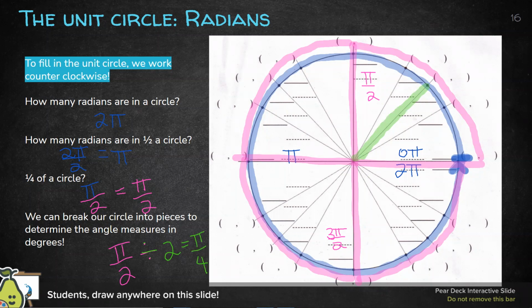Okay, so this radian measure right here for this green one, in between 0 and pi over 2, that arc length is going to be pi over 4. So remember, the radian measure is really just the arc length. So this piece right here is 1 pi over 4. And if I continue, I'm going to have 2 pi over 4, which is pi over 2. And then I'm going to have 3 pi over 4.